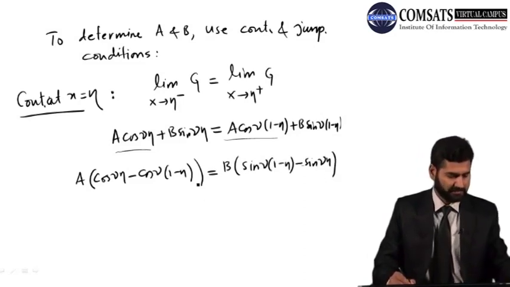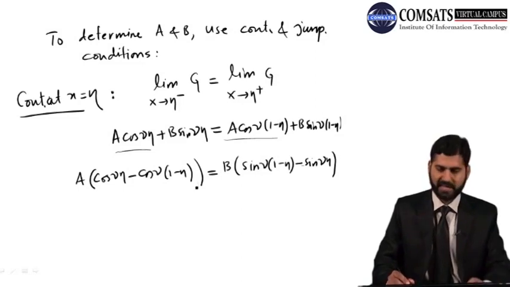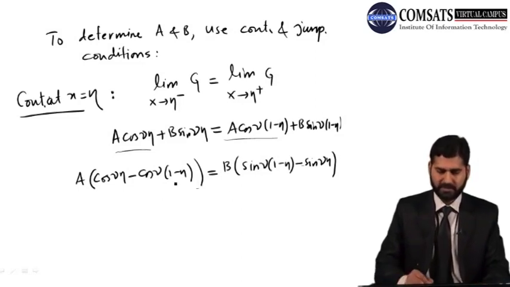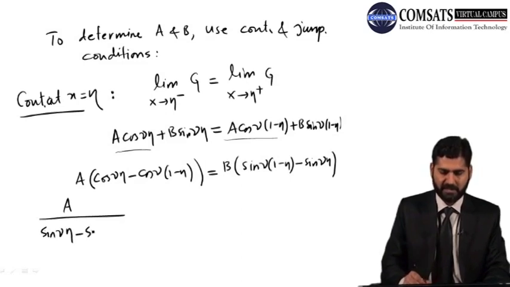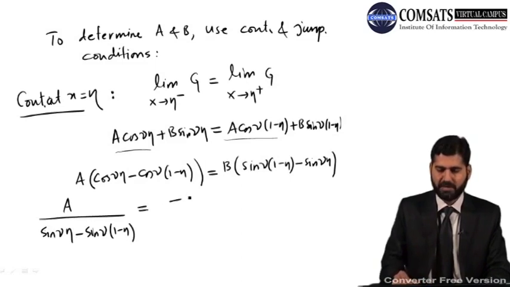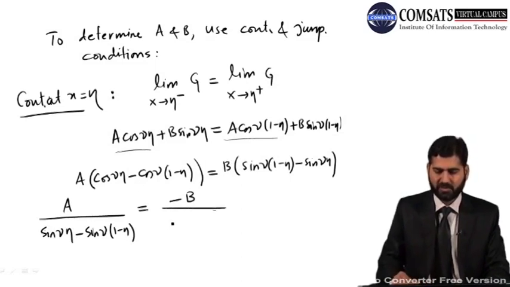Now you can divide these two and combine. So you get A divided by sine nu eta minus sine nu (1 minus eta) is equal to minus B divided by cosine nu eta minus cosine nu (1 minus eta).